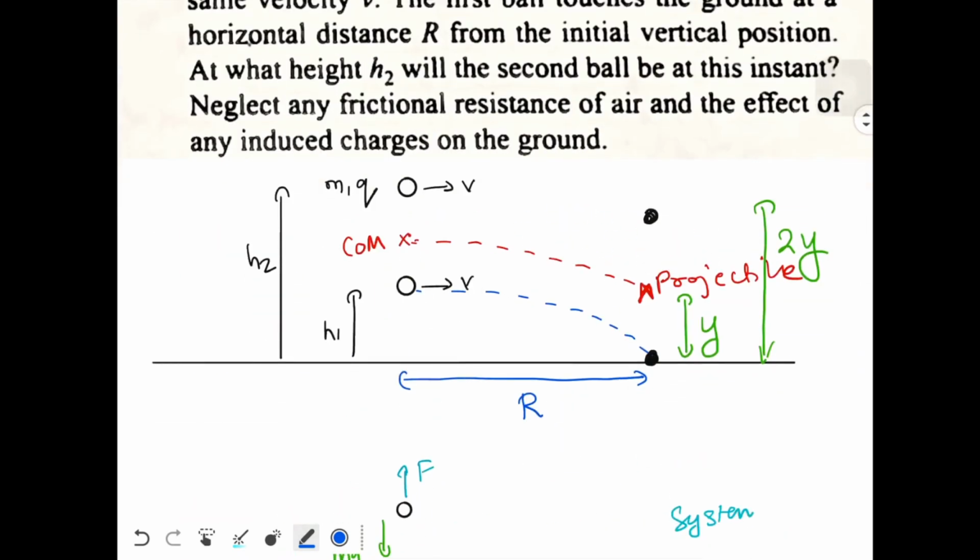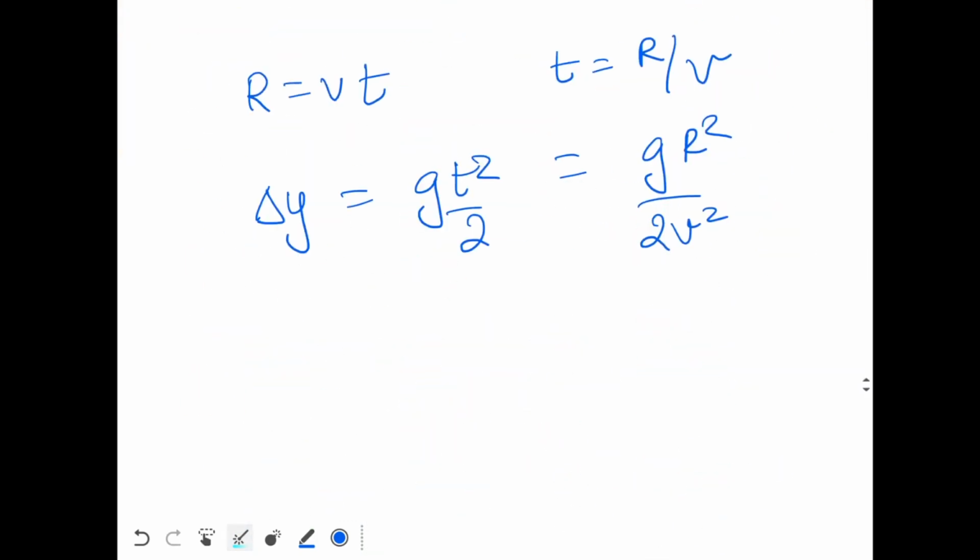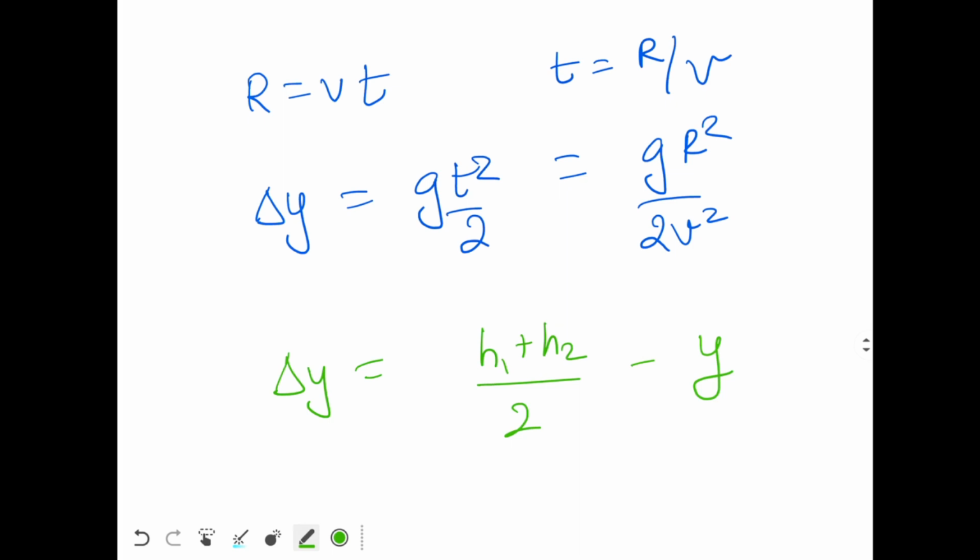Now, what is the initial height of center of mass? That will be the average of h1 and h2. Final height is y. So I can write delta y is equal to initial height of center of mass minus final height.